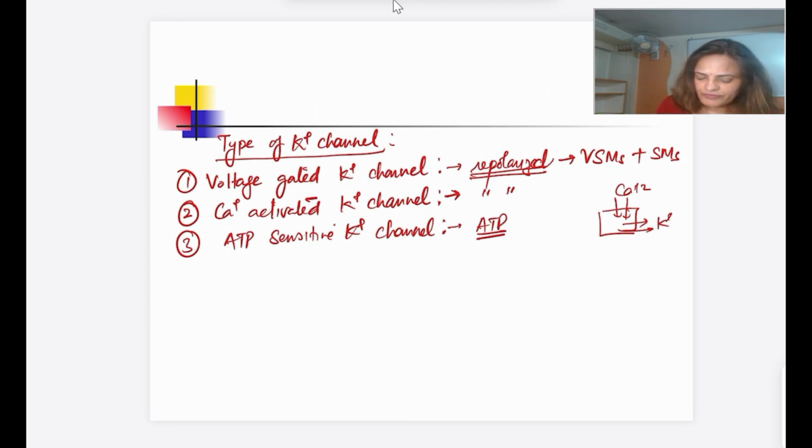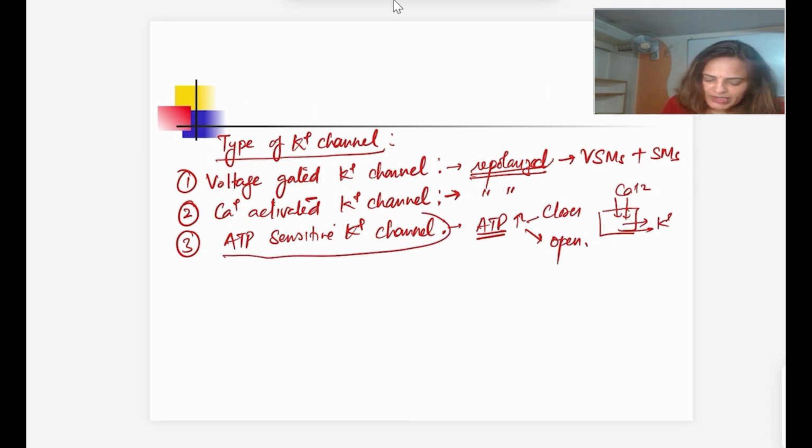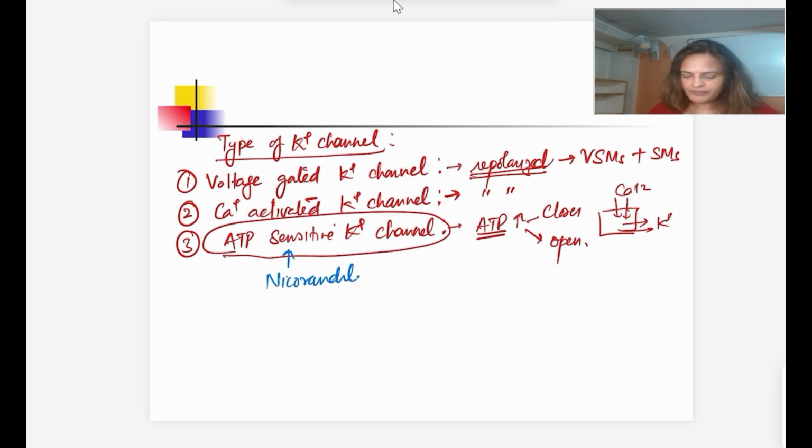If this level increases, then the channel closes, and if it decreases then there is opening of the channel. So this group of drug Nicorandil mainly acts by acting on this channel.